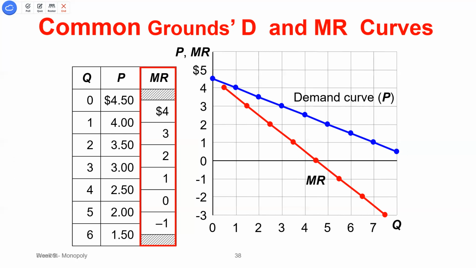Notice this line is getting flatter and flatter, which is why I'm getting these decreasing marginal revenue values. In fact, once I get past this unit elastic point, if I continue to decrease the price, now total revenue is just decreasing.